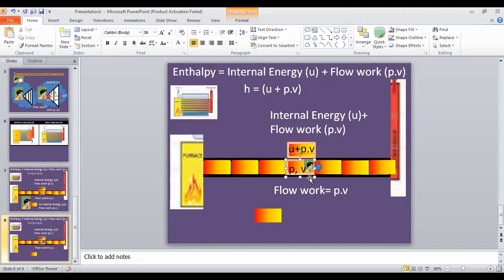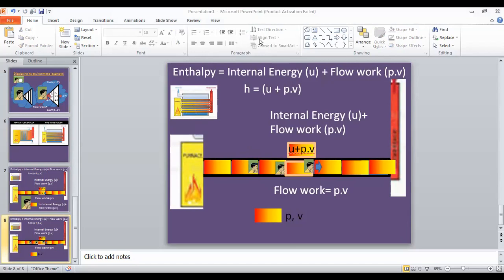Then everywhere you can say this flow work effect is there. Just imagine this effect.